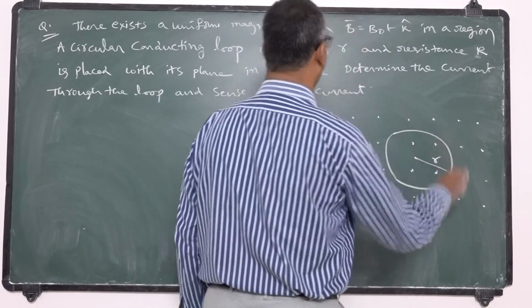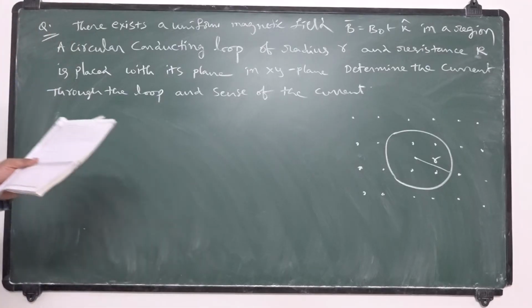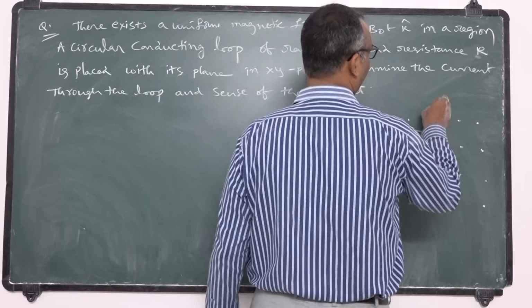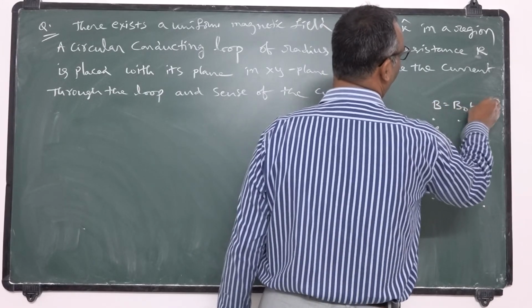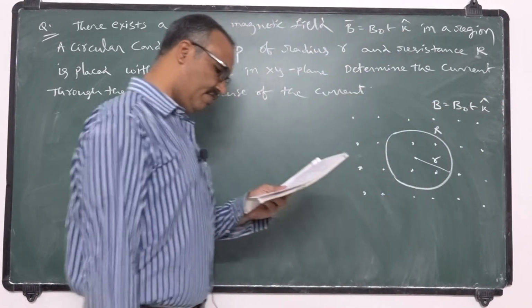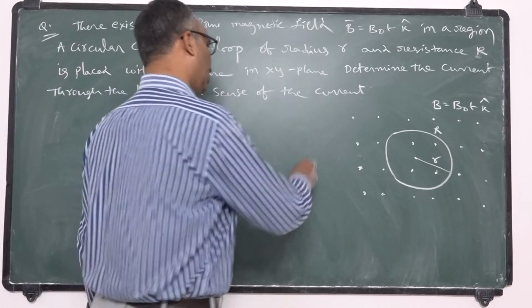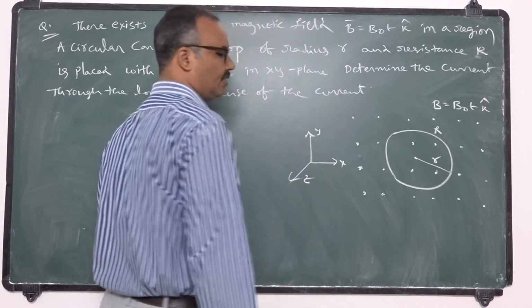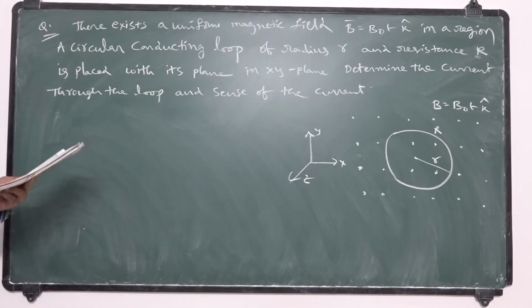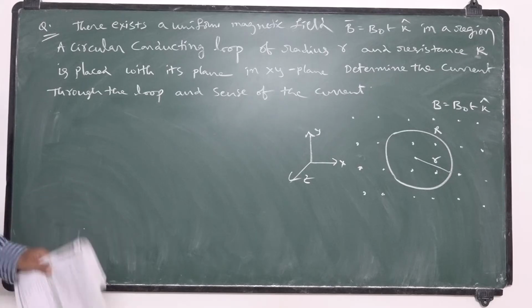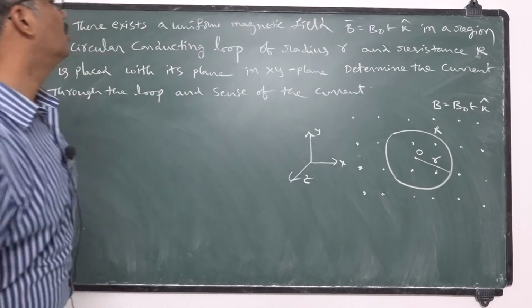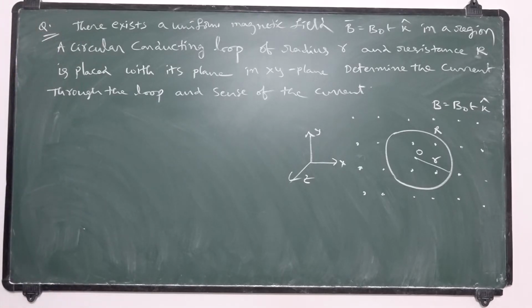Radius of the loop is small r, and it is having resistance capital R. The magnetic field is B naught t K cap. Let me take the directions as x axis, y axis and z axis like this. So the magnetic field is like this, the loop is like this. Now you are asked to determine the current through the loop.